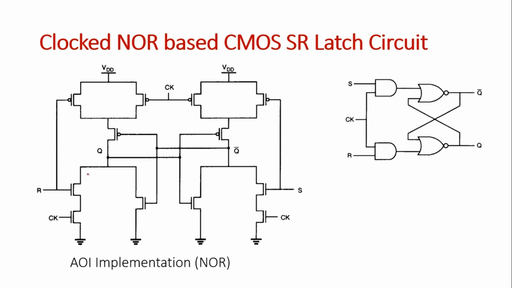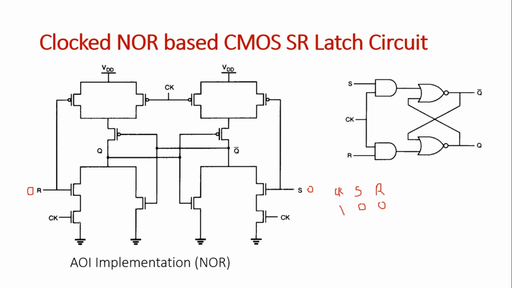Next, you can practice the SR Latch circuit. You can verify which transistor is turned on and which transistor is turned off when we have a different kind of operation. Let me give you one example. Let's say we have S equal to 0 and R equal to 0. So at that time, if S and R both are 0, this R value is 0, this S is again 0, we have a clock as an active high signal.